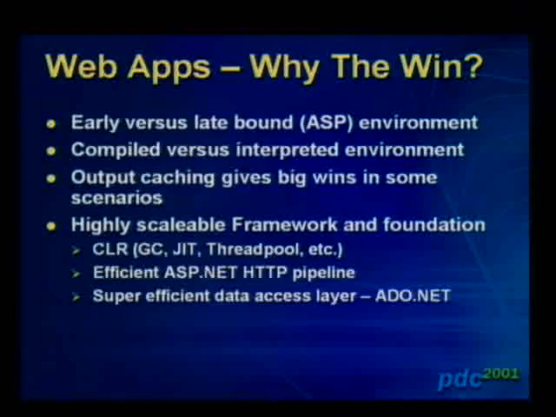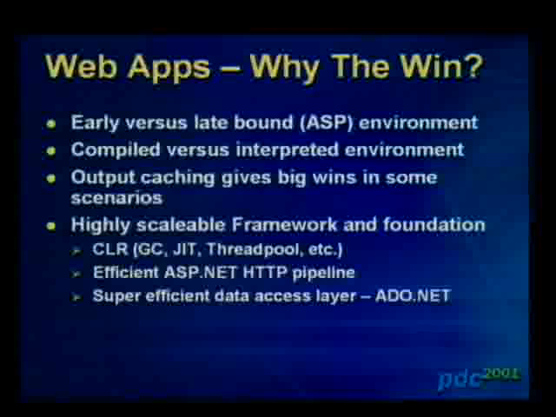And we have some really cool features such as output caching. By the way, we've done some benchmarks on the same hardware using PHP as well, and we actually look pretty darn good. For example, there's no such thing as output caching in PHP today. We're looking at a pretty broad set of competitive technologies, and features like output caching, which are pretty pragmatic, give some pretty big wins.